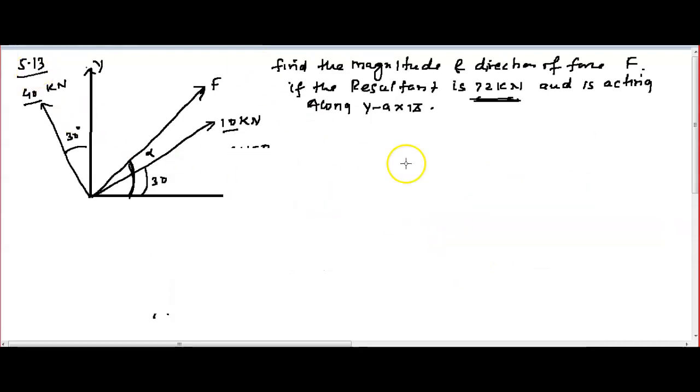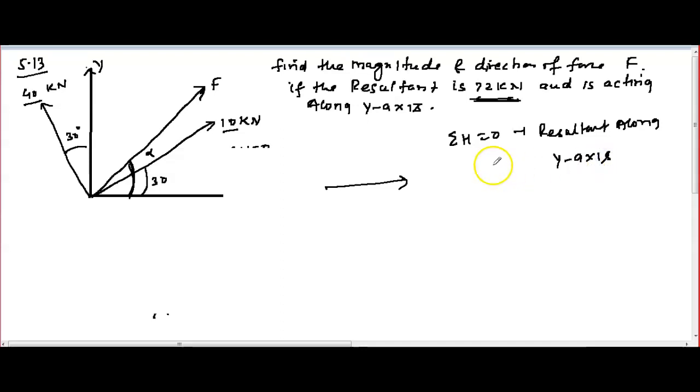If the resultant is given along the y-axis, it means horizontal is 0. Horizontal is equal to 0 when the resultant is along the y-axis. You need not remember this, you can think like this: resultant along the y-axis means the body is moving along the y-axis. So moving directly upward means horizontal is 0, that's why it's moving directly upward, right?